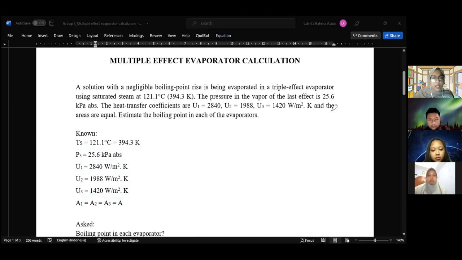Because the areas are equal, we can conclude that A1 is equal to A2 is equal to A3, which is equal to A. So the next step will be explained by Nevy.